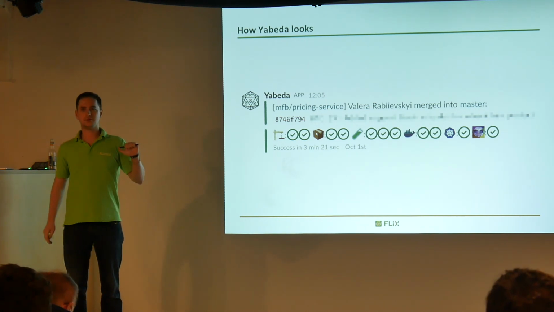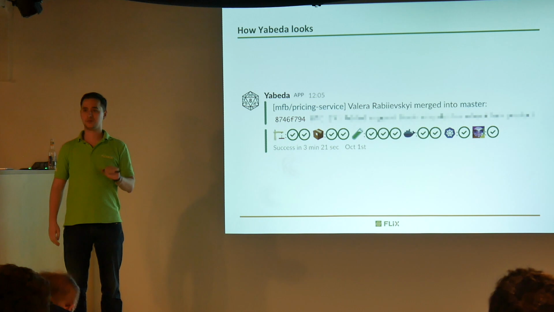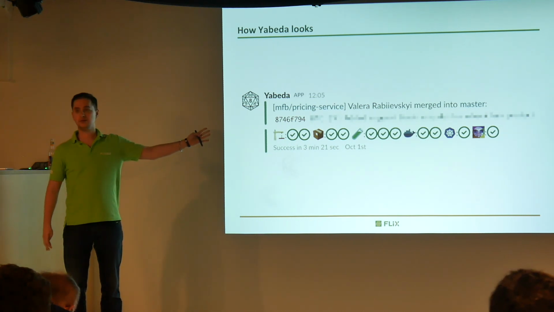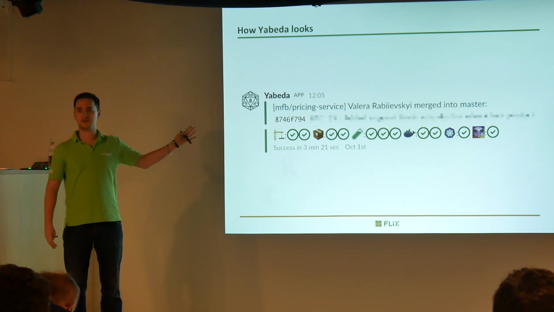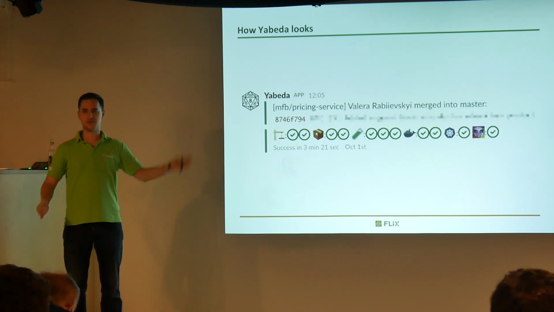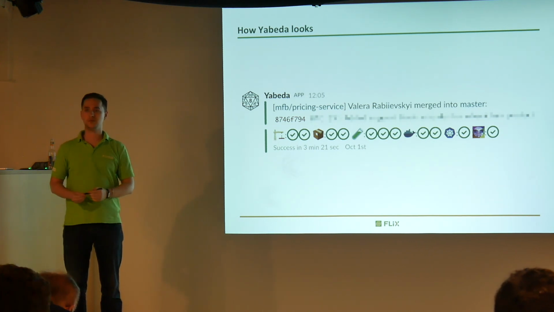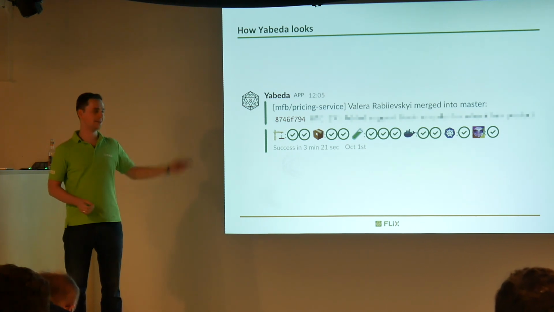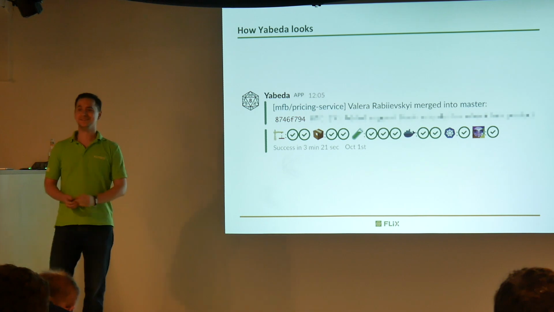Yabida doesn't care about which programming language you use. It's your GitLab pipeline, and it shows it as is. If you have a job to build a Java image, it will be like one more emoji in the line, another brick in the wall.